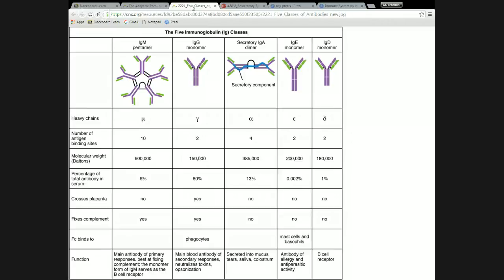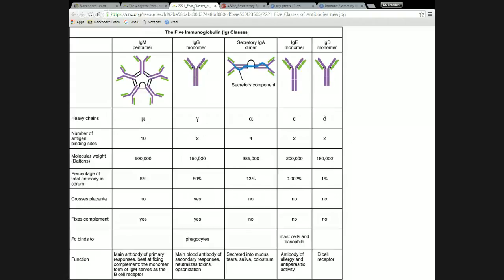And the heavy chains are designated by those Greek letters: mu, which is M, gamma, which is G. A is alpha, E is epsilon or eta, I can't remember what it is. And then the last one there, D for delta.